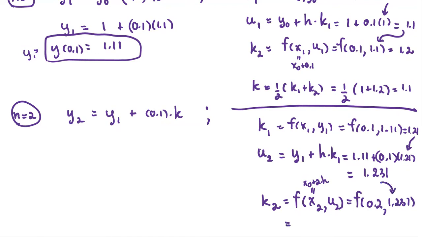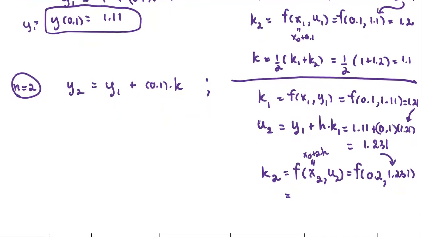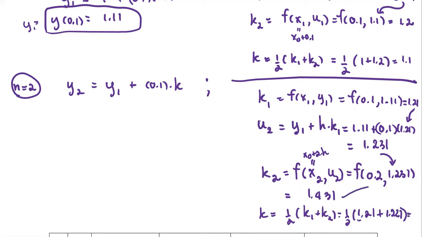Now we get k2, or the second slope, as 1.431. That gives us k, which is a half of the sum of k1 and k2, or a half of 1.21 plus 1.431.